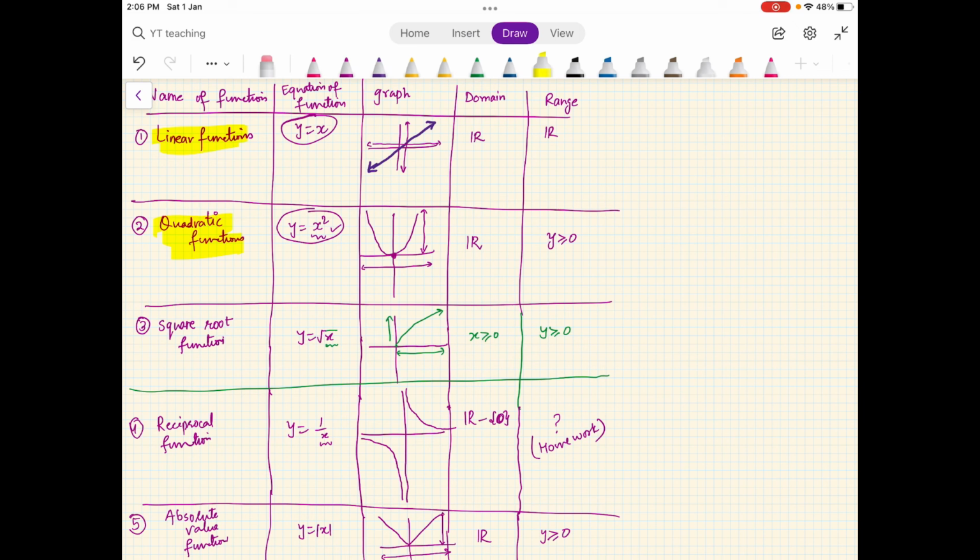We will discuss them later, but the simplest ones we can encounter are linear functions, quadratic functions, square root functions, reciprocal function, and absolute value function. Here we have recorded the parent of each family, but we will have variants of these. We don't always talk about the line y equals x; instead we have other lines with variations on y equals x.